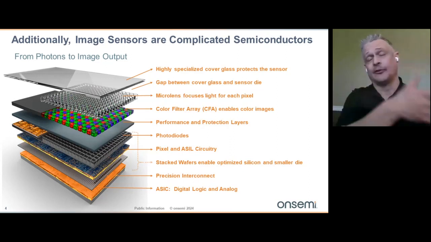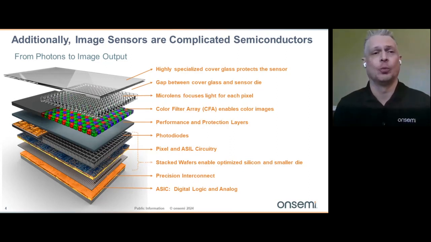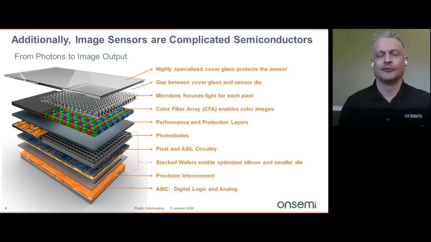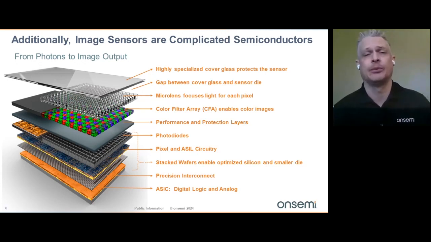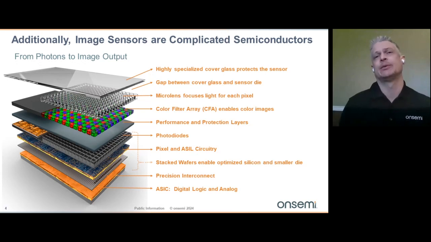In addition to the many different selection criteria I just showed, I'll say this, and I don't know if it's controversial or not, but in my experience in the semiconductor industry, I believe that image sensors may be the most complex of all the different semiconductors. This is a cross section of what an image sensor truly looks like.